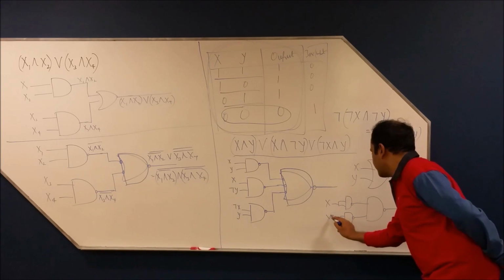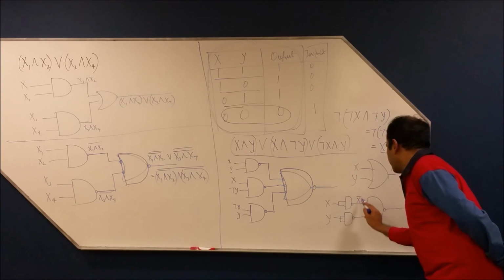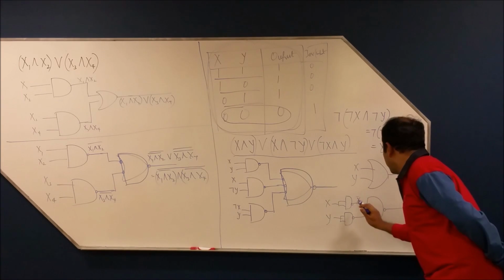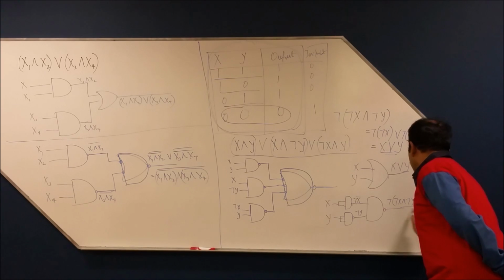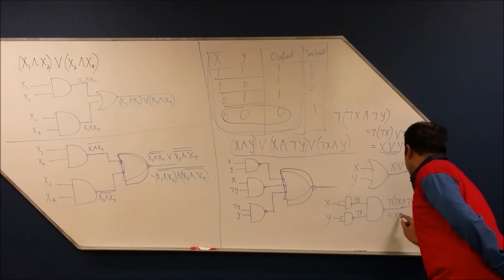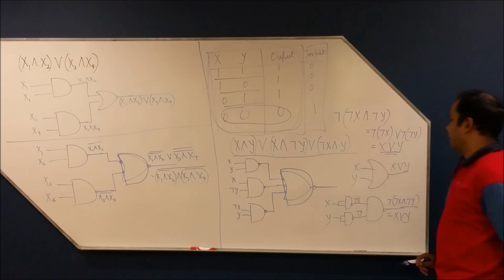So if this is x and y, this would be the inverse of x, inverse of y, and this would be this expression, which is the same as x or y.